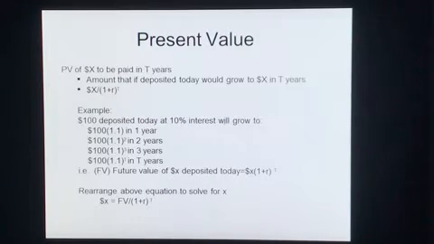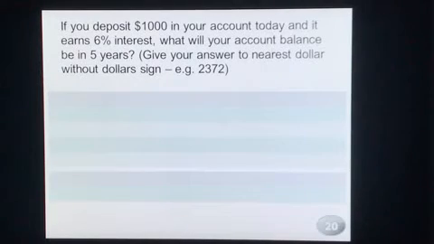This will be the formula to calculate the future value of the bond. And if we rearrange this, we can get the dollar value today. Dollar X will be equal to future value divided by 1 plus R raised to T. This will be the formula to calculate the value of a bond today.